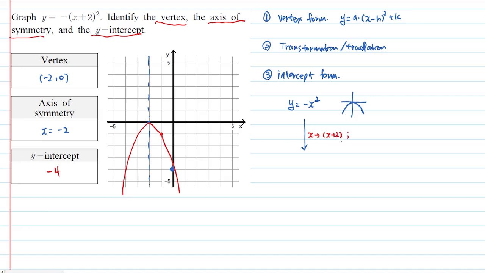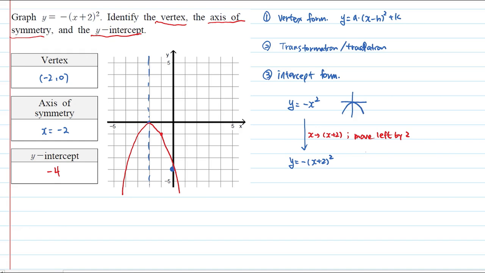You remember, it's a plus 2 in the x direction, but you always think of the opposite. It's not plus 2, it's minus 2. So it's a move left by 2. So your end result will be y equal to negative (x plus 2) squared.